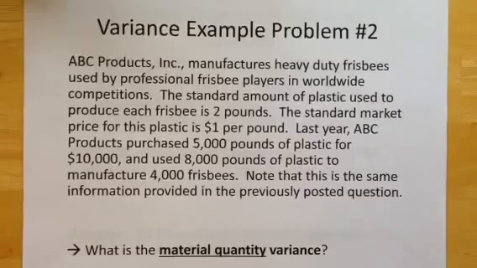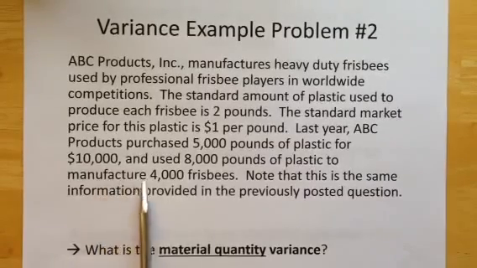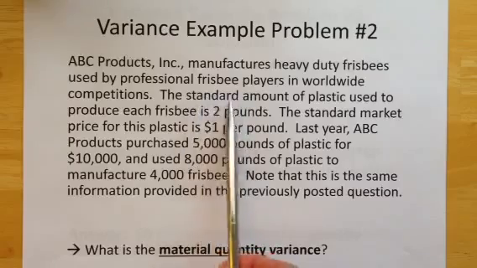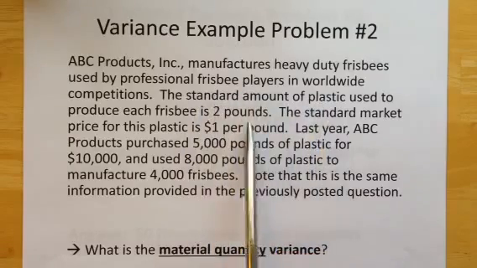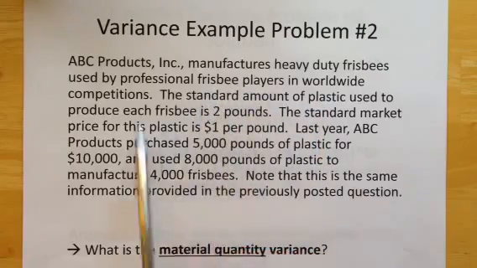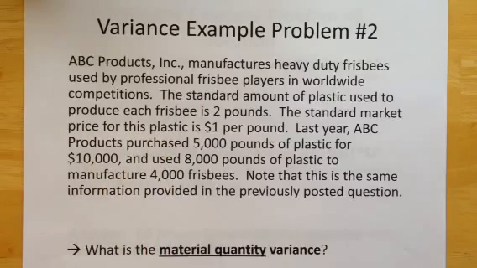If our level of activity last year was that we manufactured 4,000 Frisbees, and our standard says that we should typically use 2 pounds of plastic to produce each Frisbee, just multiply those two together.